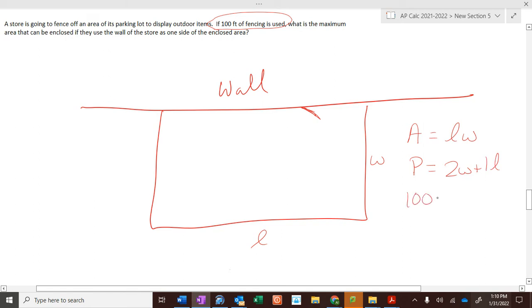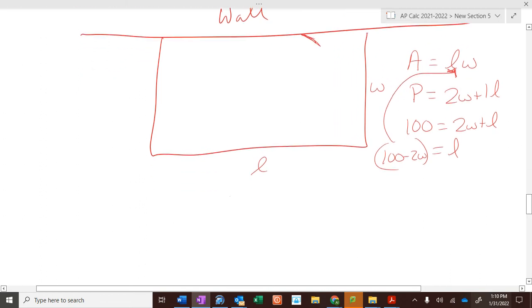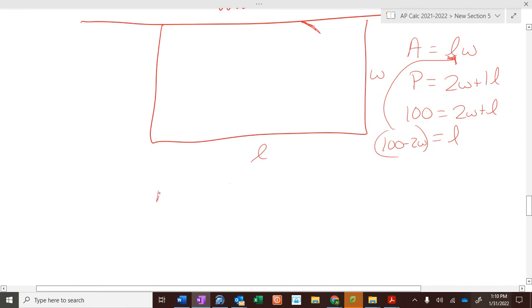So 100 is 2W plus L. What's the easiest variable to get alone there? L. So the length is 100 minus 2W, right? Plug that in for L of the area formula. So the area equals 100 minus 2W times W.